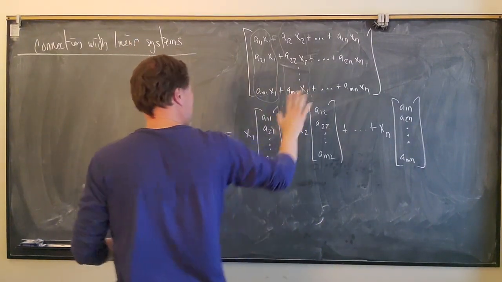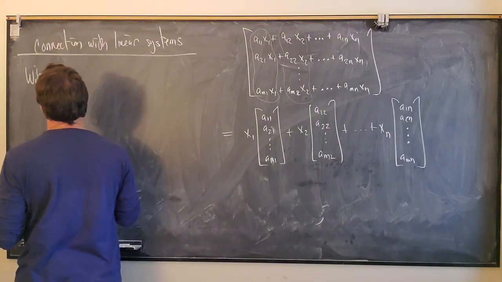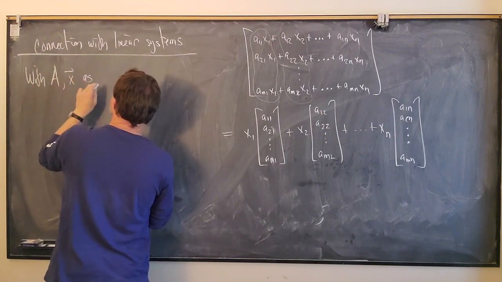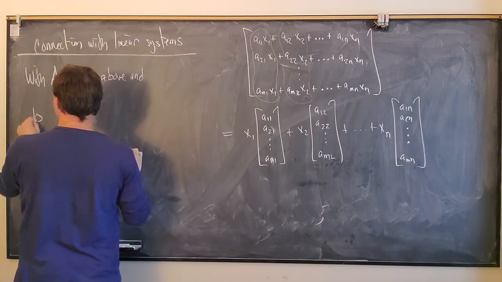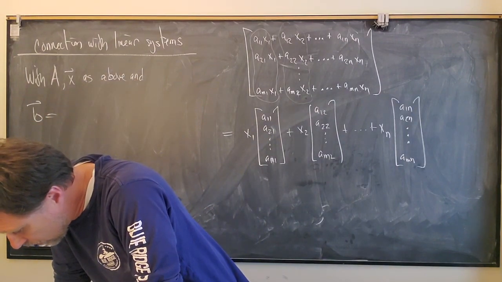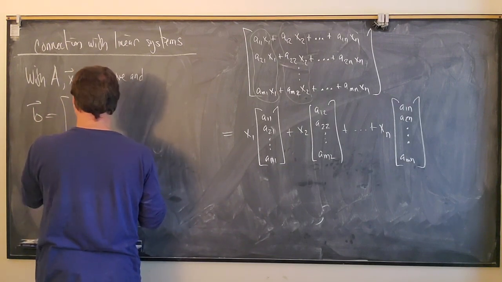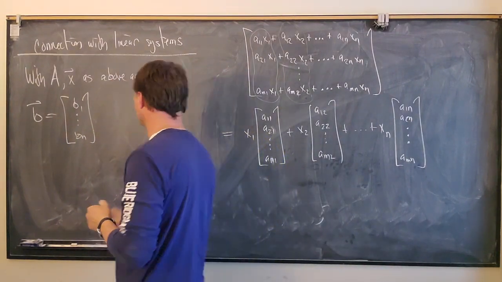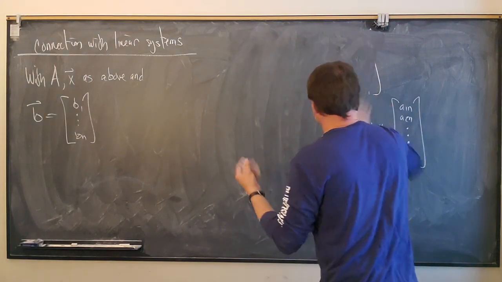So I want to work with the same A and the same x that we had before, with A and x as above, and b, I want to write it like this, b1 dot dot dot bm. Here's the nice thing, is we can phrase our linear system in terms of this matrix multiplication that we just had.